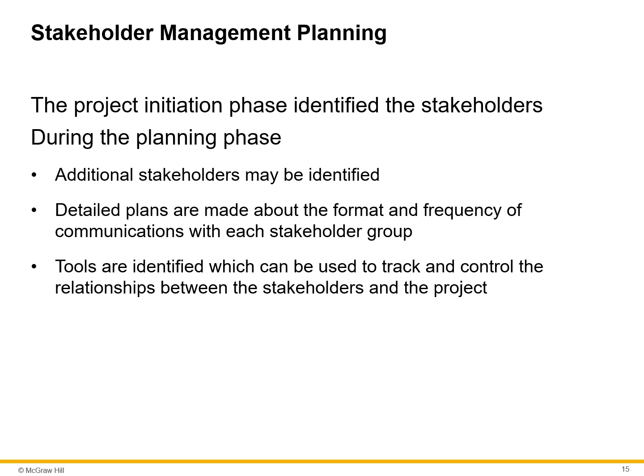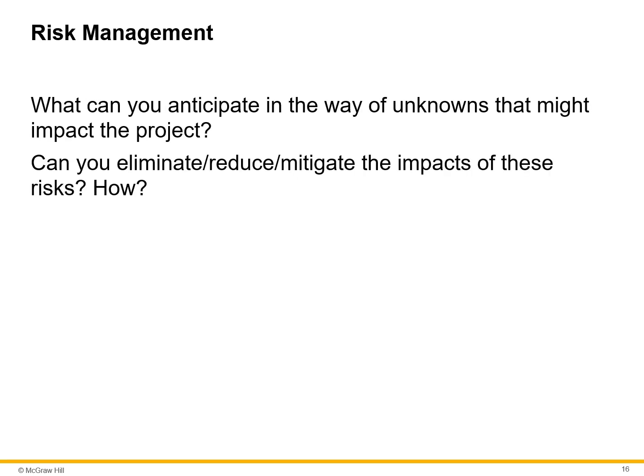Tools are identified which can be used to track and control the relationships between the stakeholders and the project. And risk management. It answers questions such as what can you anticipate in the way of unknowns that might impact the project? Can you eliminate or mitigate the impacts of these risks, and how?